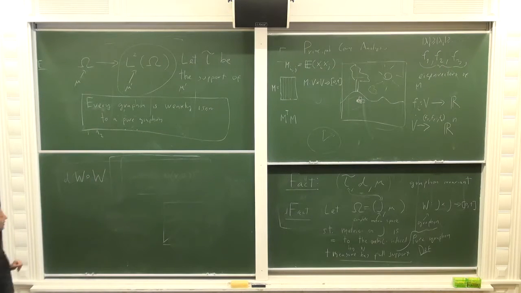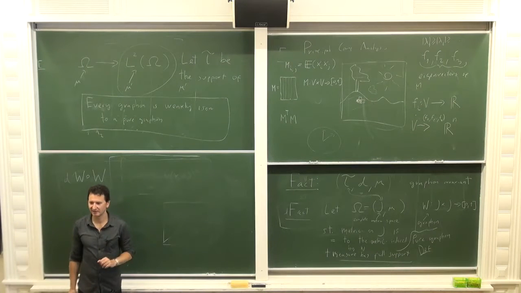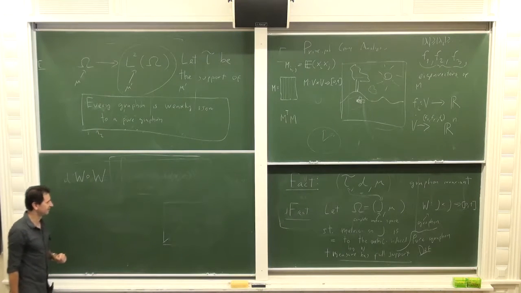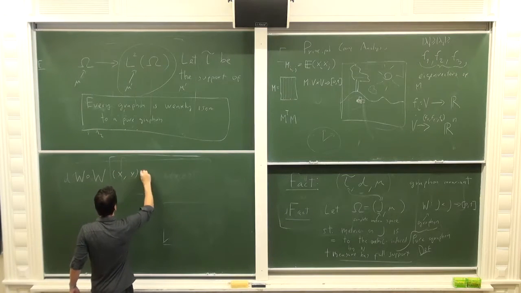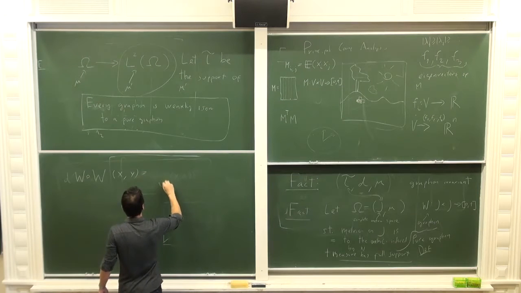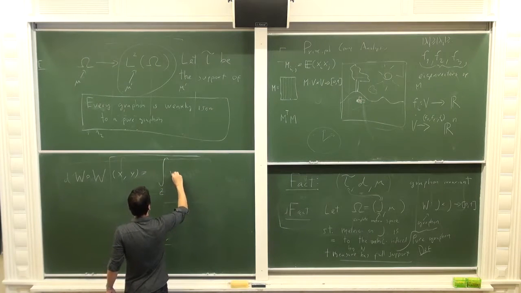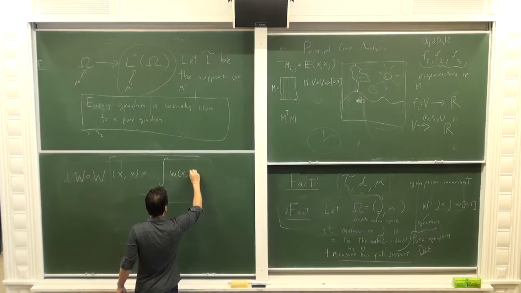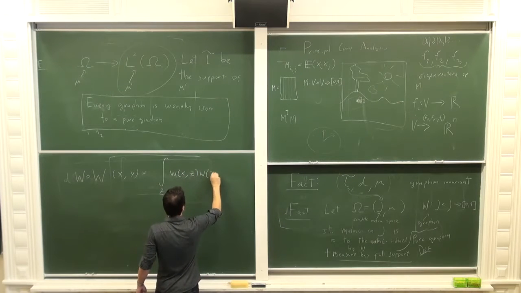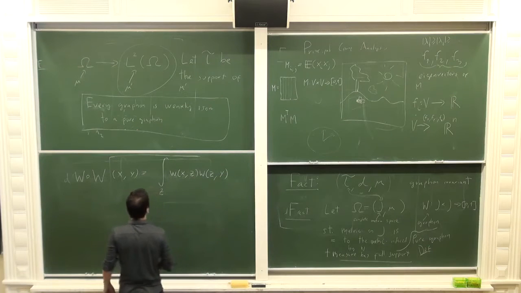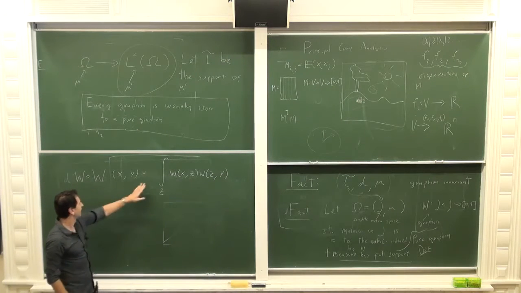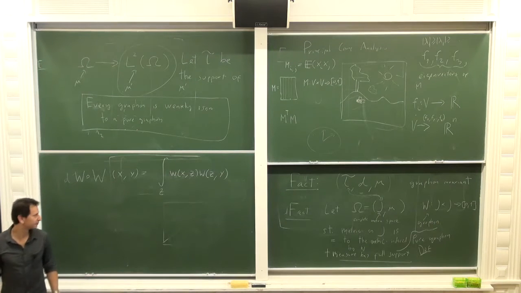Each graphon is an integral kernel operator, and you can just simply square this. So this is exactly the graphon which is the square of this integral operator.